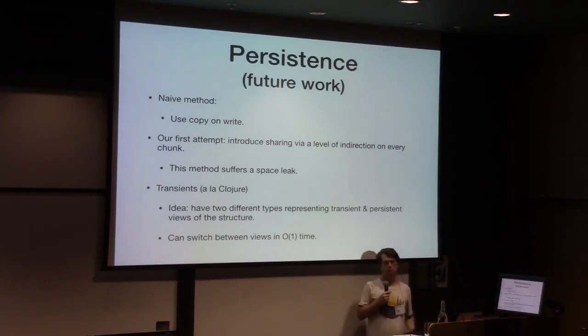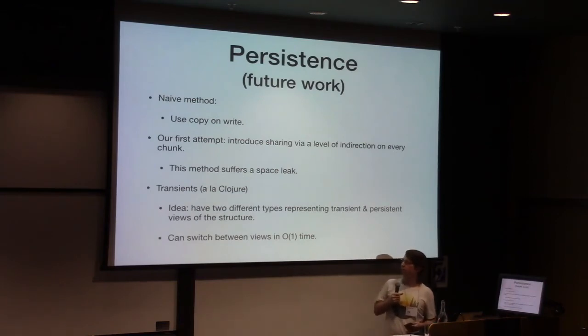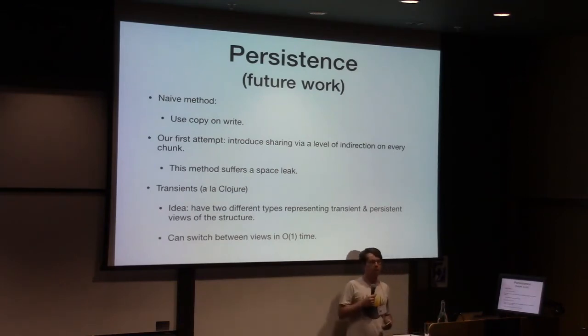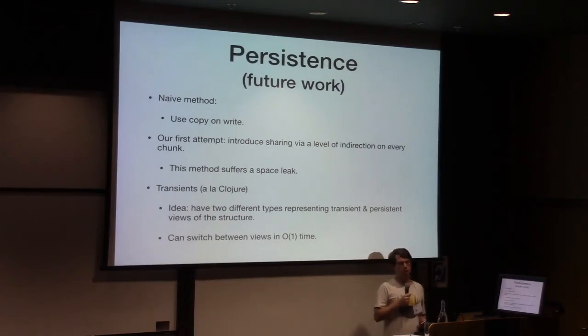It's called transience, and it was actually mentioned in the RRB vector talk earlier in ICFP. The idea is that you have two different views of the memory, one being persistent and the other being a transient view.